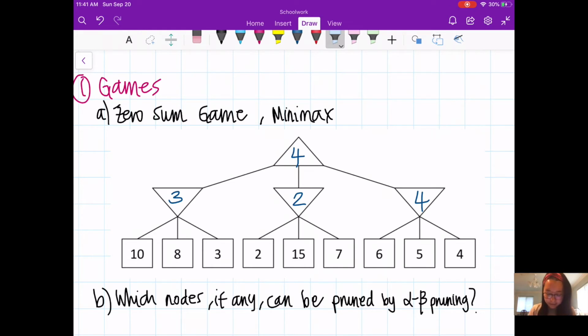So if I look from the maximum node, you have to look at all 3 utility nodes, the 10, 8, and 3, in order to determine what the actual minimum is. You can't just not look at one of the nodes yet because this is your first value. So because of that, you cannot prune anything in your left branch. So everything on your left branch stays.